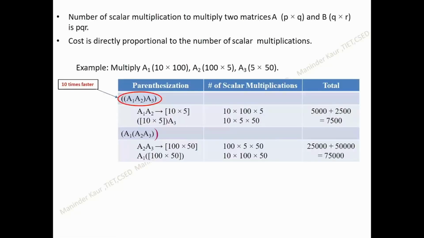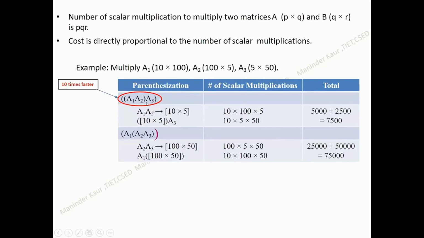This slide represents how the order of matrix multiplication can affect the total number of multiplications. For example, if you want to multiply three matrices in sequence, and you use this form of multiplication, the total number of multiplications will be 7500.